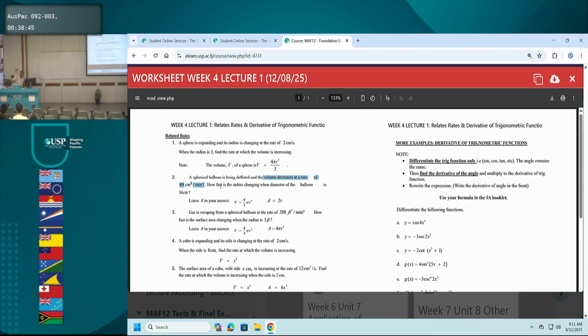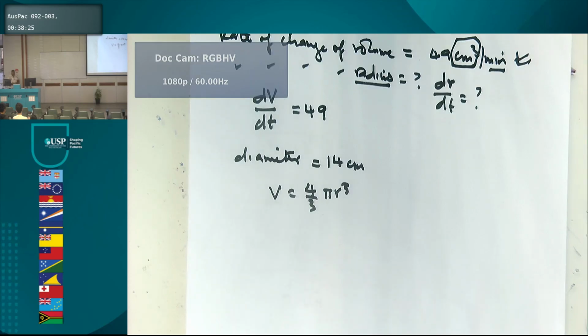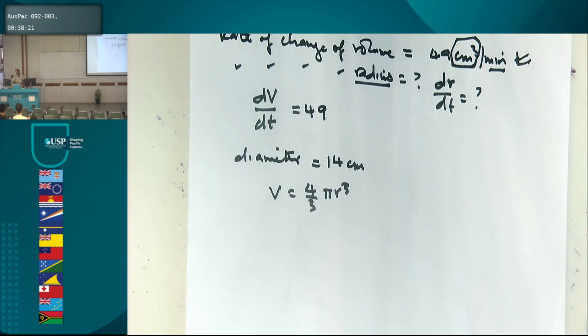And because the balloon is spherical, the volume V equals, what is it? 4/3 pi r cubed.